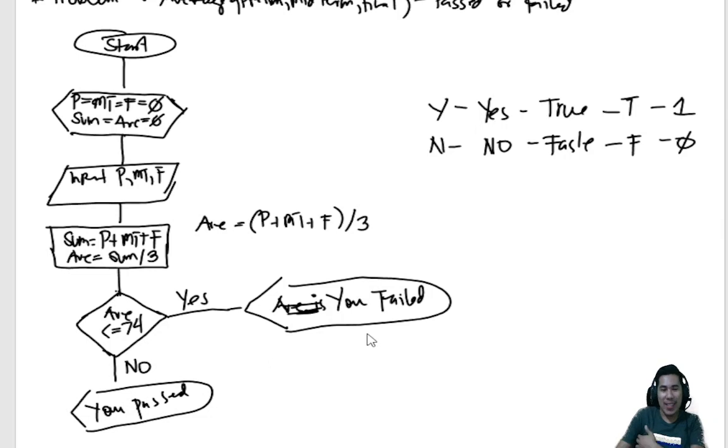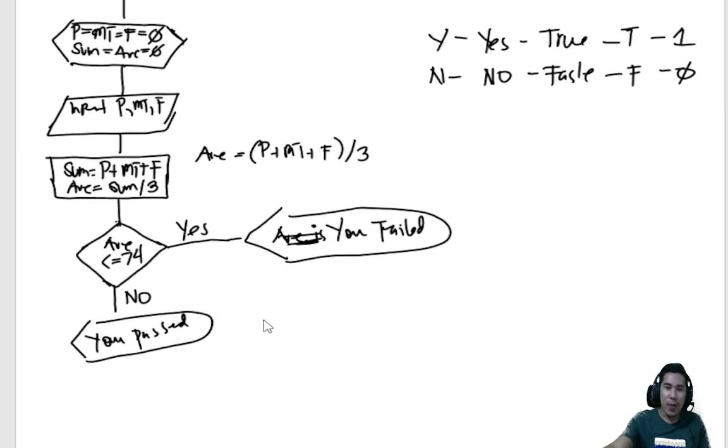So you passed. Now, the next question would be, where do you connect the flowchart? In flowcharting, the solution needs an end. Since there is nothing more to do with regards to our solution, we'll need to make an end statement.